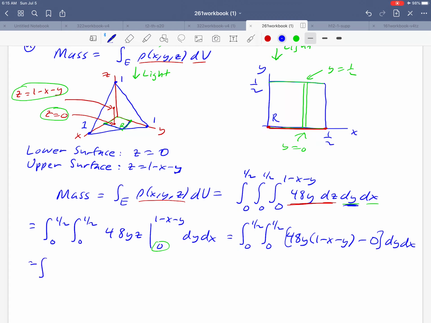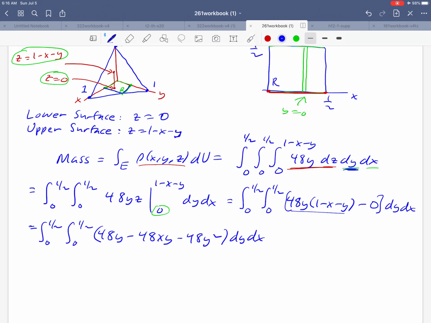Let's rewrite that. If we take that 48y and distribute it through, we're going to get 48y minus 48xy minus 48y squared dy dx.